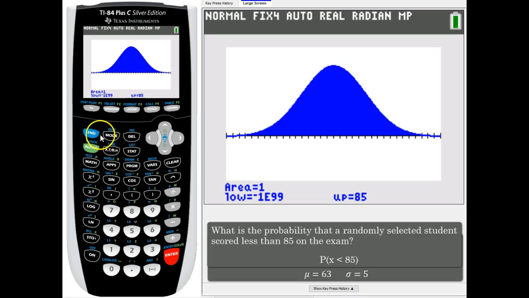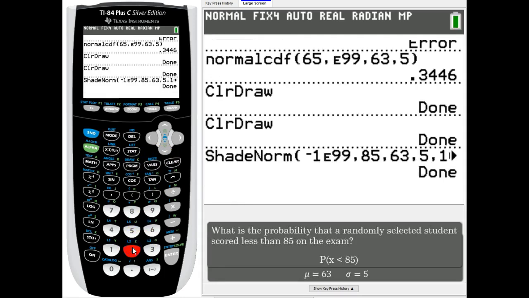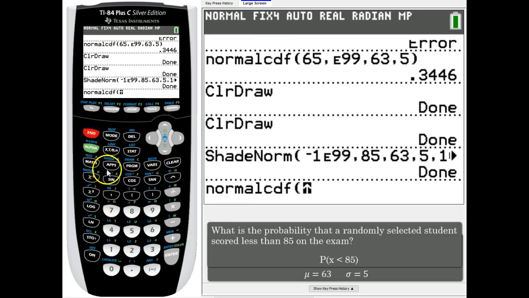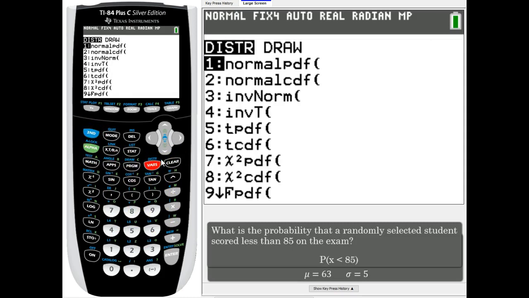If I just want to solve that problem without going through graphing, I'm going to go to normal distribution. My lower boundary is going to be an extremely low value, so second, distribution, and I want 2.